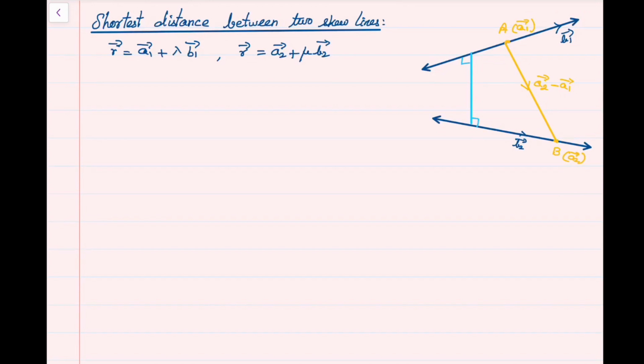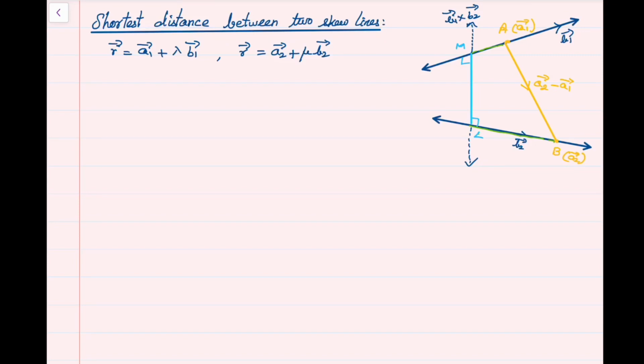So b1 cross b2 will be perpendicular to both b1 and b2. Therefore, we can take b1 cross b2 along the line of shortest distance. AM and BL are perpendiculars drawn on the line LM. So LM is the shortest distance, which is the projection of a2 minus a1 on b1 cross b2.